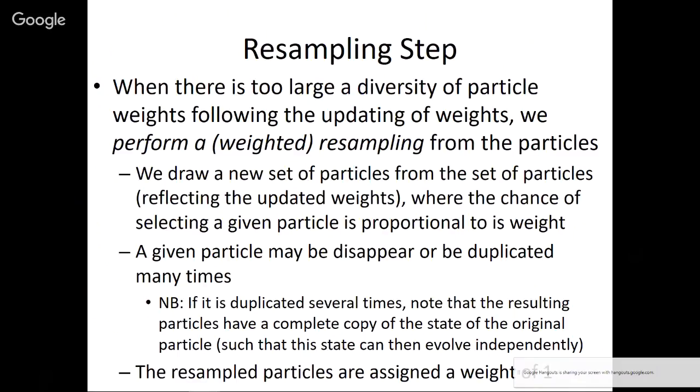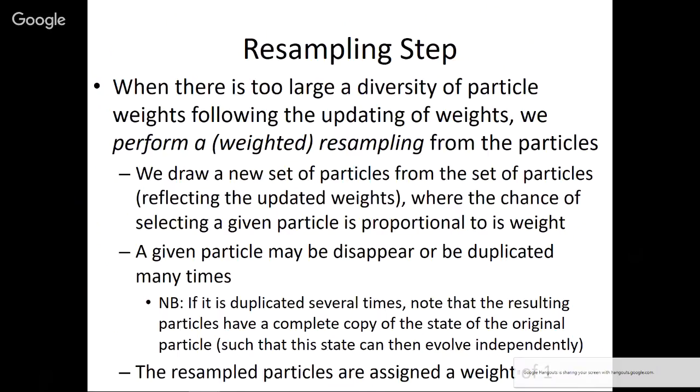If the weight is very large, it may be duplicated many times because we're likely to draw it many times. We're sampling from these particles according to their weight, and thus things that have high weight will be quite likely to be sampled. Things that have low weight will be unlikely to be sampled.